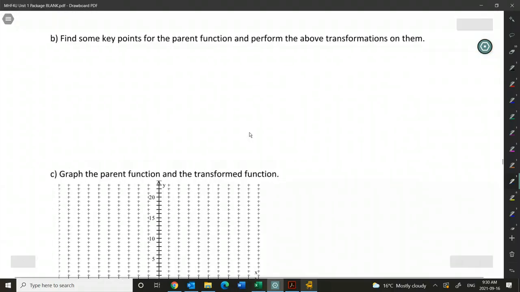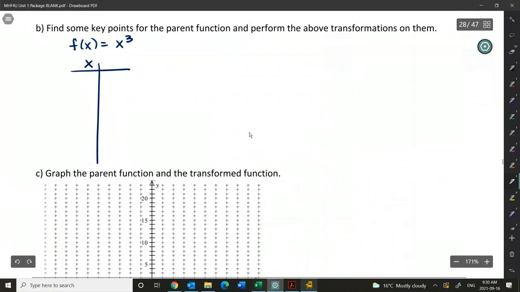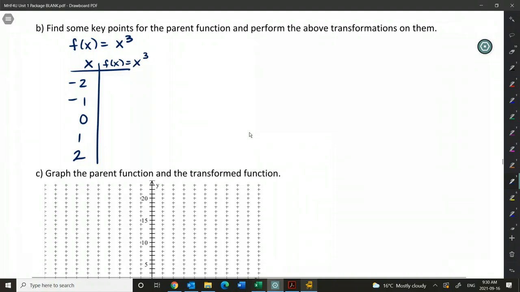Okay, so find some key points for that parent function that we just identified, and then we're going to remind ourselves how we do transformations, how we calculate them. So here's our parent function. Some x's that we choose that are easy to use for any power function, -2 to +2. And then I will plug them in to find my y's by just cubing all of those x's. So if the exponent were 2, or 4, or 5, I'm plugging in the same x's, but I'm getting out different y values.